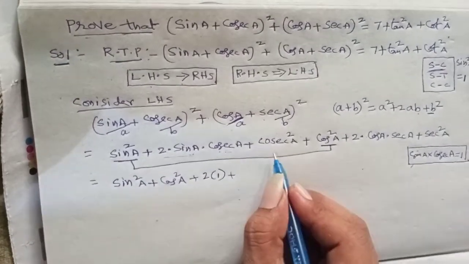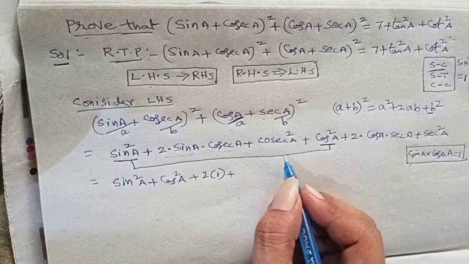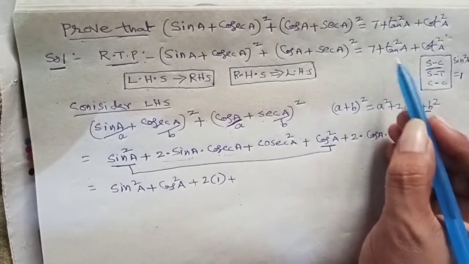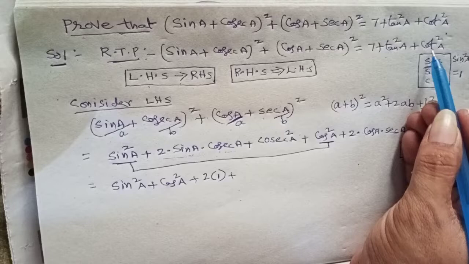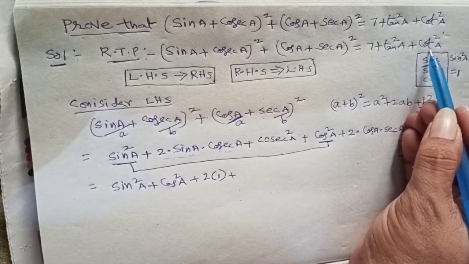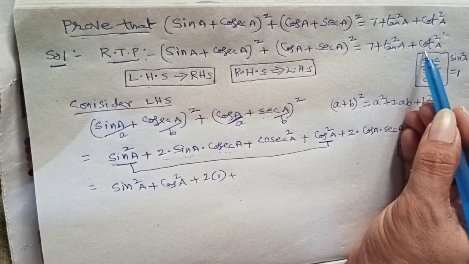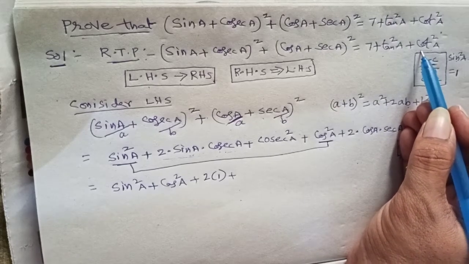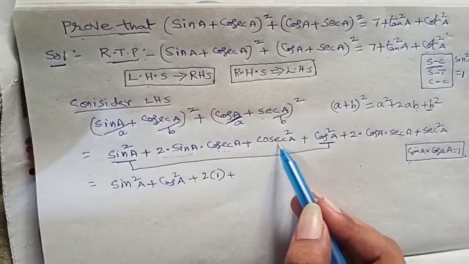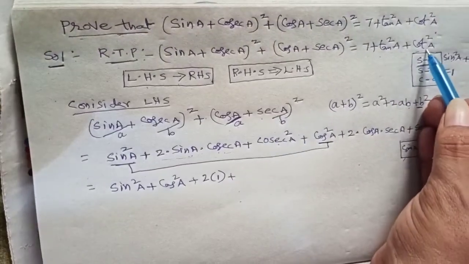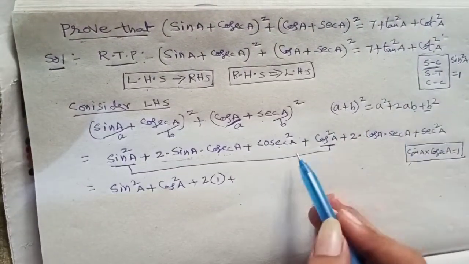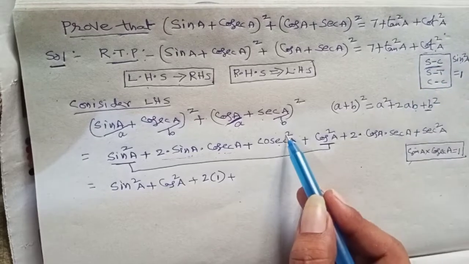Then come here. Here we have cosecant square A. But our required RHS does not contain cosecant square A; the RHS contains cot square. So can we convert this cosecant square into cot square? Yes, here both ratios are in squares.